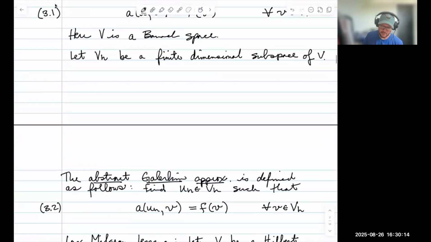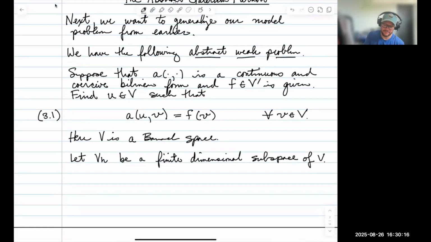In any case, F is this abstract object called a functional, and this is some abstract object that I'm simply calling a bilinear form. So notice this has absolutely no connection now possibly to a PDE. Initially, from the first day of classes, what did we start with?